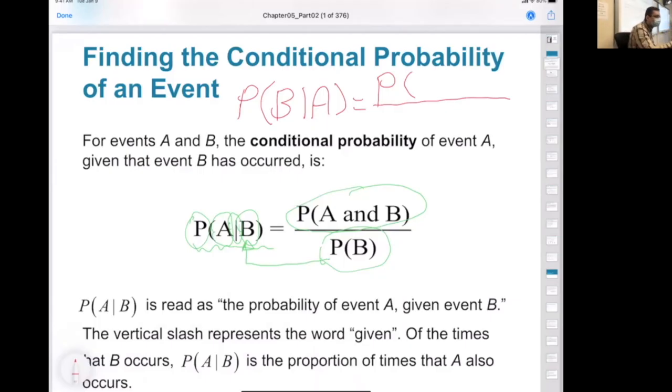Okay? So this is B and A. Or you can say A and B, same thing, divided by the probability of given events.